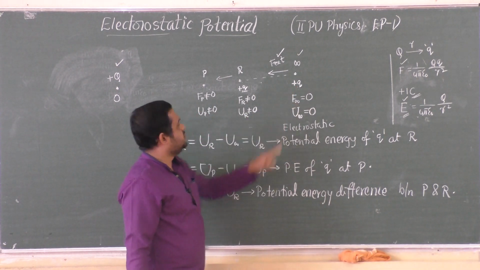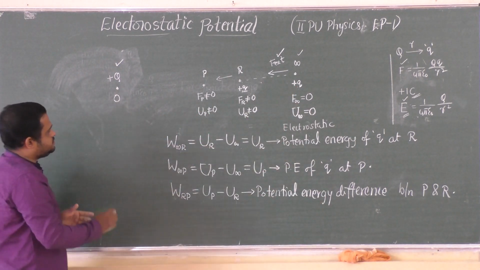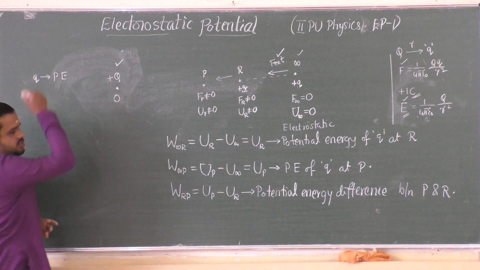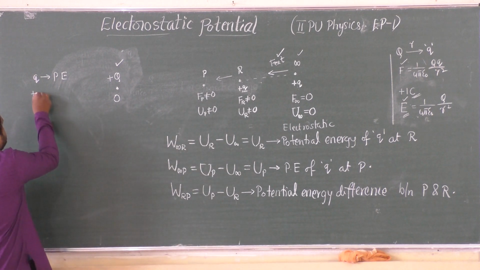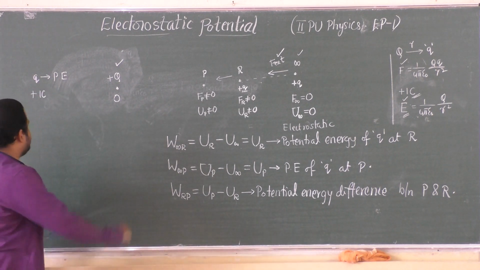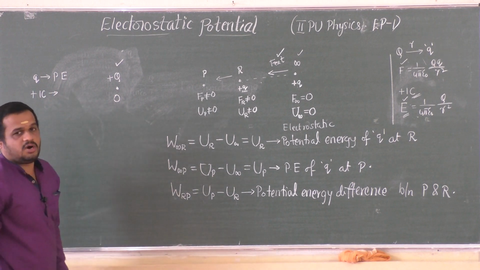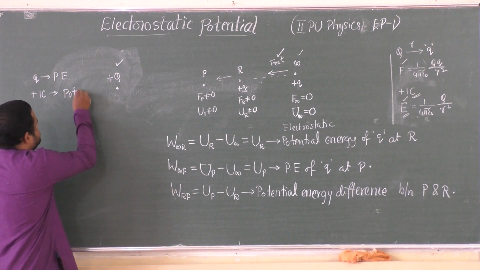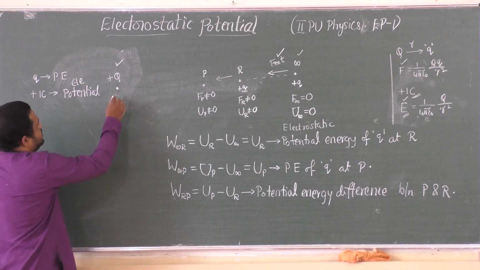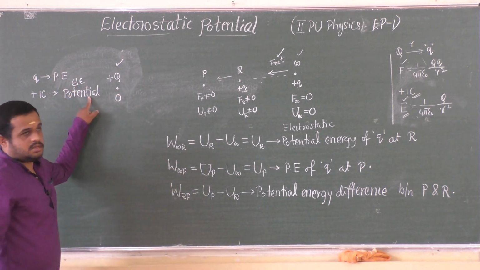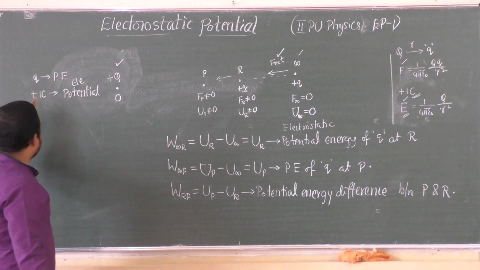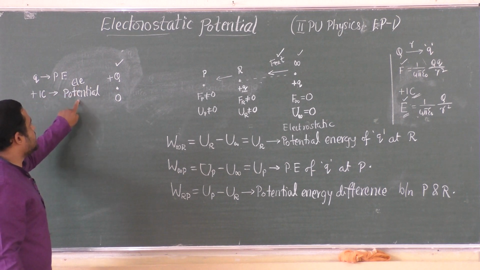Instead of q, if you consider a unit positive charge, plus 1 coulomb charge, under that condition the potential energy of that unit positive charge is simply called potential, electric potential. In case of any charge, it is electrostatic potential energy. In case of unit positive charge, electrostatic potential.